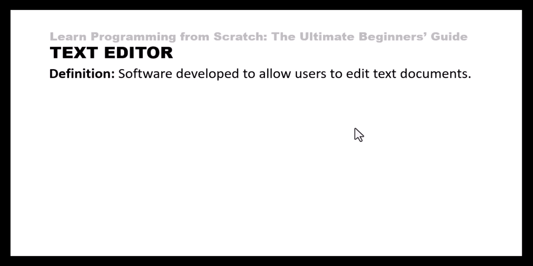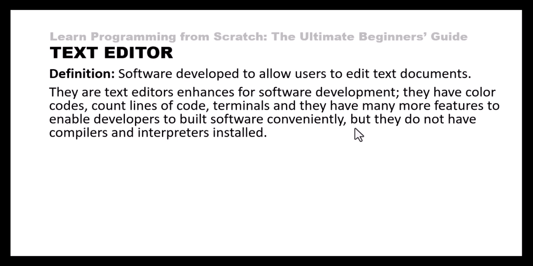However, there are text editors that are developed specifically for software engineers to help them develop software. So, the text editors that are enhanced for software development. The difference from a text editor meant for editing documents is that it doesn't have a lot of the features that a text editor meant for software development has.